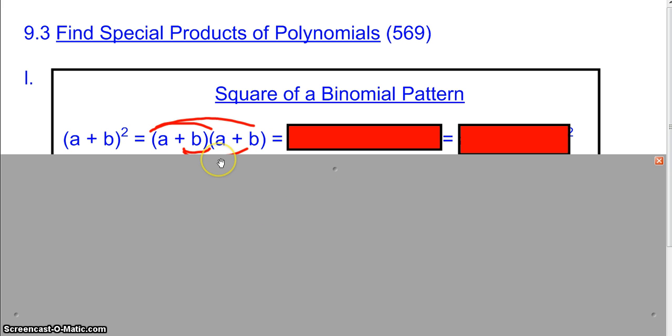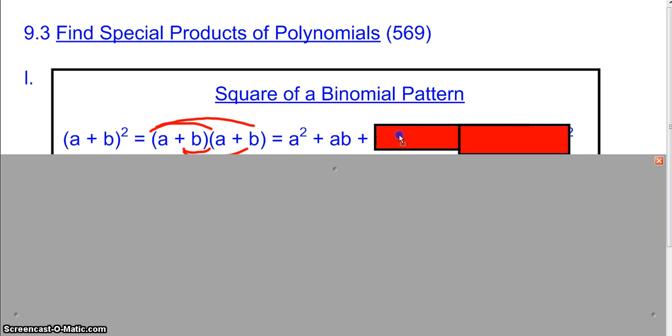So when we FOIL this, the first term, a times a, gives us, good, a squared. The second term, or the outside, a times b gives us ab, right? And then the inside terms, b times a gives us ba, which is the same as ab, isn't it?